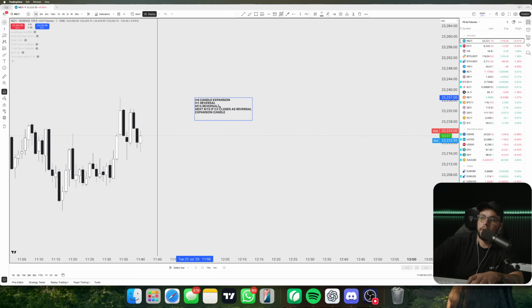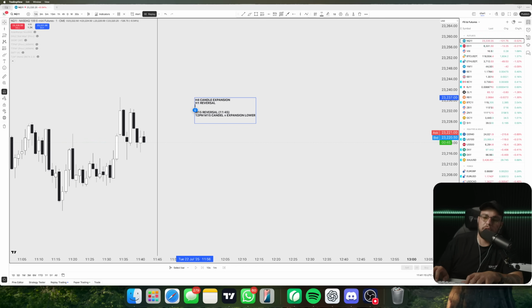Let's just put 11:45. The 12 p.m. M15 candle equals expansion lower, right? So that's the M15 sorted.